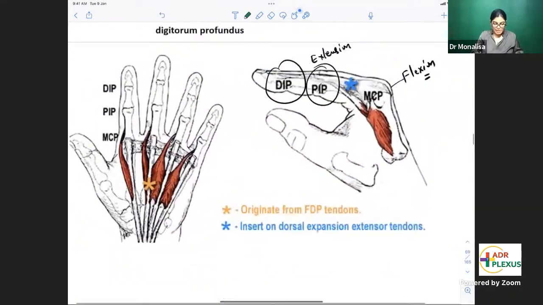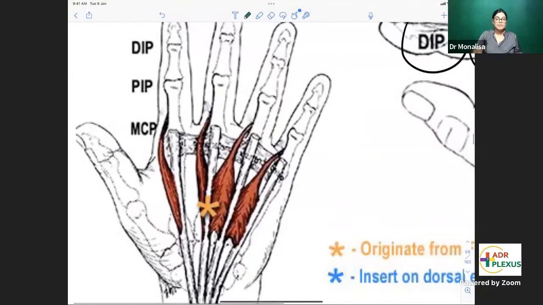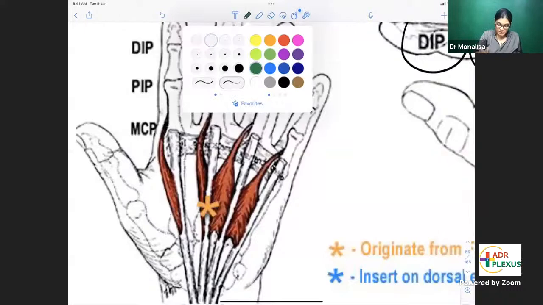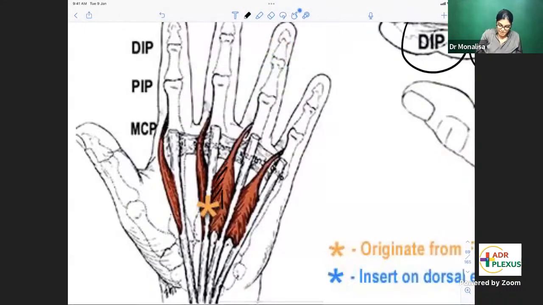Yeah. So see here. Can you appreciate? This is for you, my dear. Let me check. Yeah, this is Raghupati. Please see this. So Raghupati, can you see this? These are the lumbrical muscles. So here you can see this is bipennate. The shape is bipennate. This is the third and fourth lumbrical muscles.